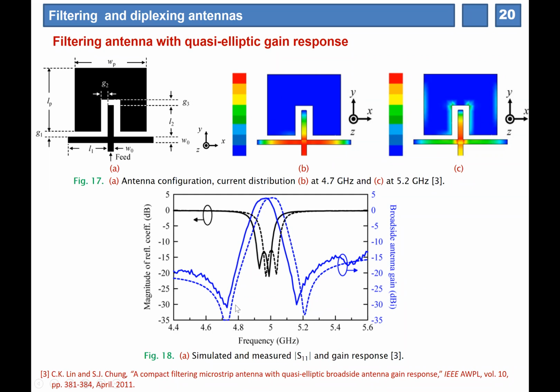That means the transmission zeros at S21, but here there is no S21 because this is an antenna structure. So we will have that S11 and we will have some gain plot, and the gain is suddenly falling at 4.7 and 5.2 gigahertz, and the passband is centered at 5 gigahertz.